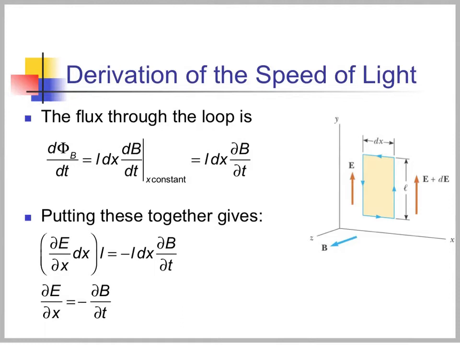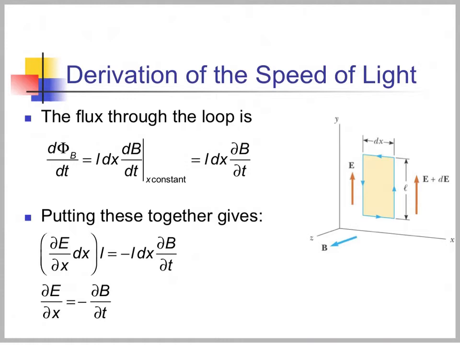Putting those together, I end up with the partial of E with respect to x times dx times L is minus L dx partial of B with respect to t, so the L's and the dx go away. The partial of E with respect to x is equal to minus the partial of B with respect to t. We're going to save this equation. We'll come back to it in a minute.